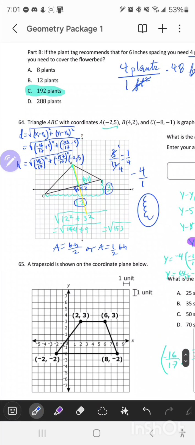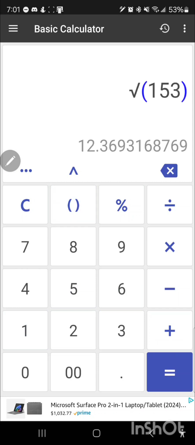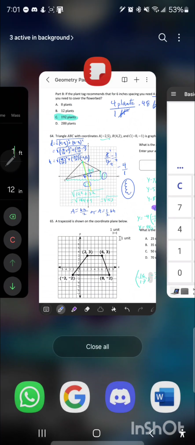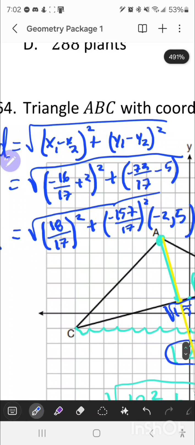I'm going to go to my calculator. It will be the square root of 153 plus the square root of, this is important if you don't have something that can put fractions, as this calculator doesn't do.